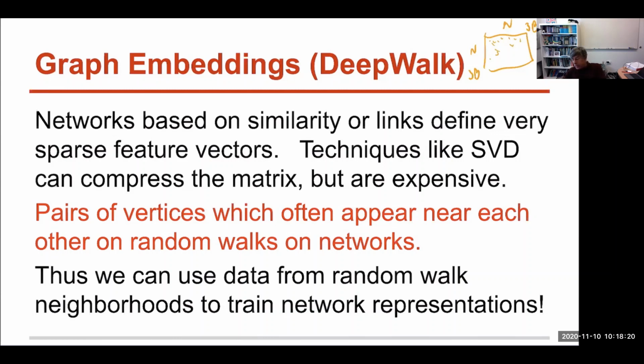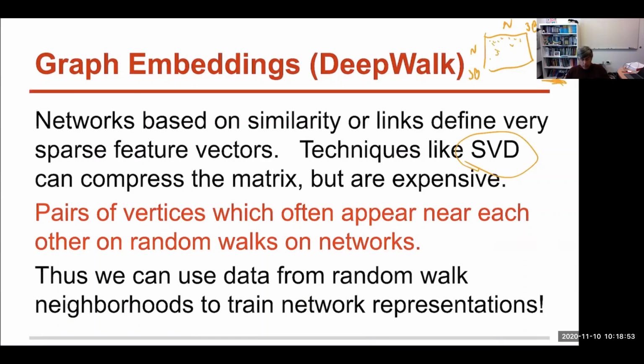One way we can construct this sparse, lower dimensional feature representation is things like singular value decomposition. This is exactly why we have singular value decomposition, to take a big matrix and reduce it to a low dimensional feature vector. But there are other interesting techniques for taking graphs and reducing them to low dimensional feature vectors.